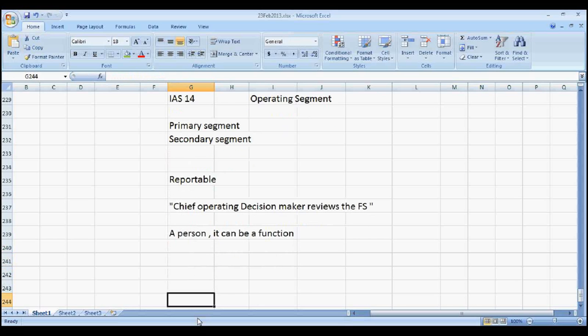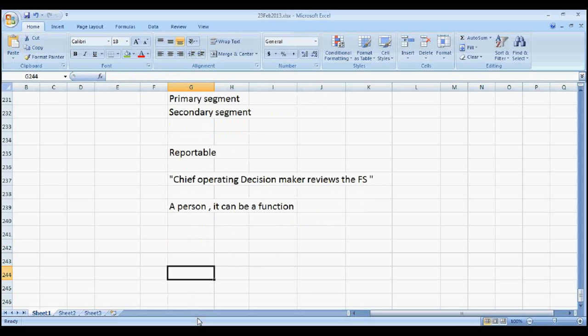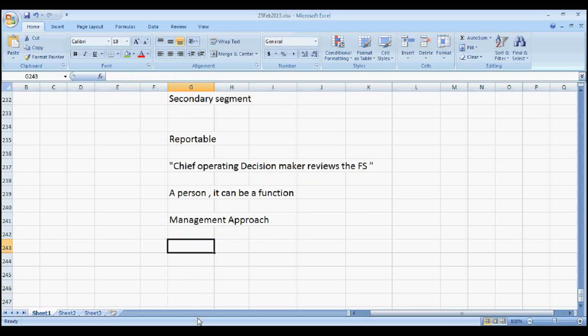This approach of identifying reportable segments is known as the management approach. If management is showing interest in these segments, they are of importance. If management has interest in them, that means the stakeholders should also find them important for their economic decisions.